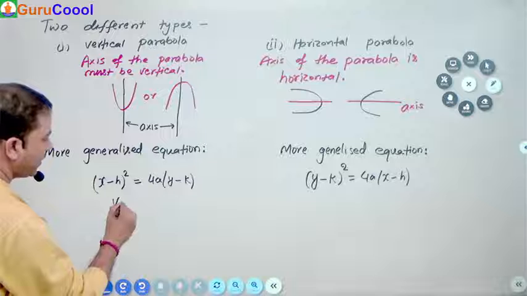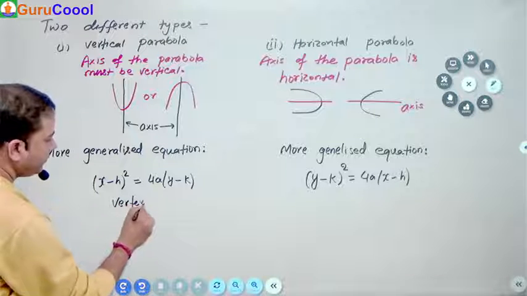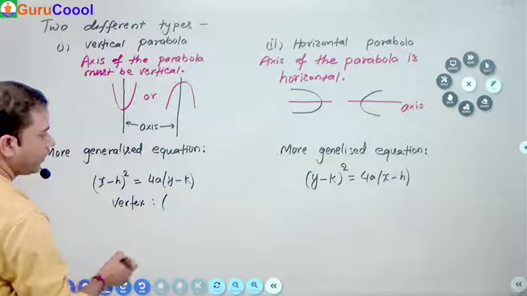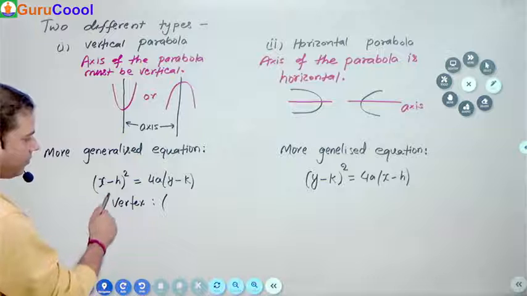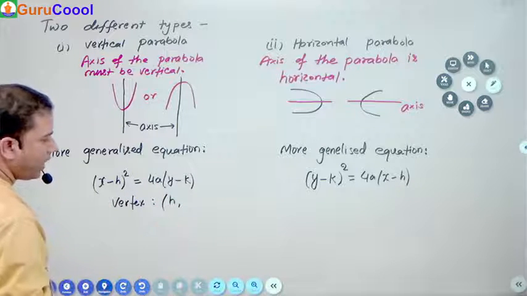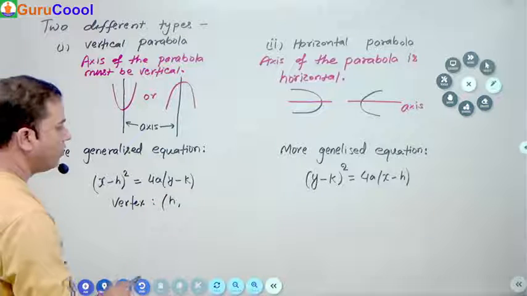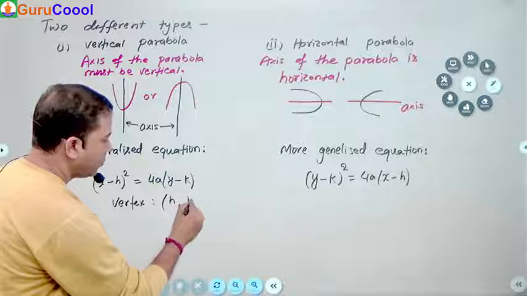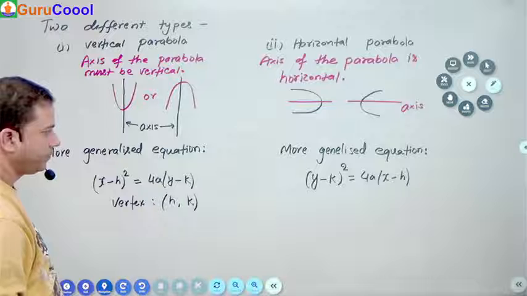Vertex of this parabola. The number subtracted from x always becomes x coordinate of the vertex, and the number subtracted from y becomes y coordinate of the vertex.